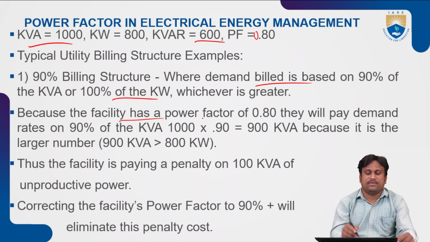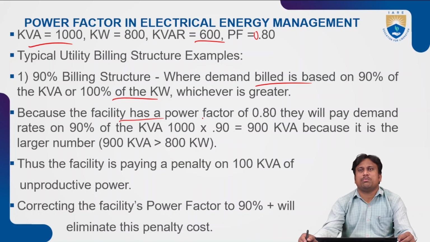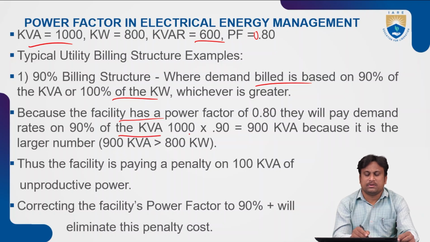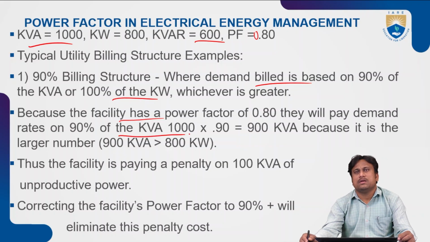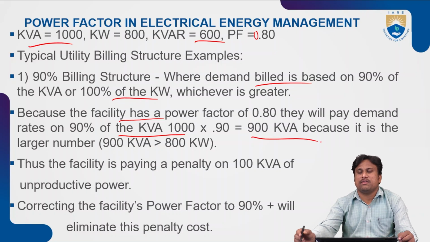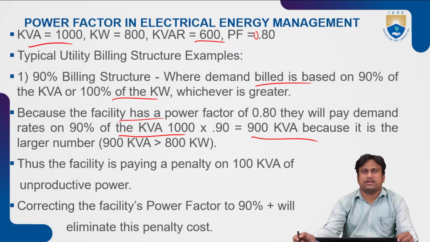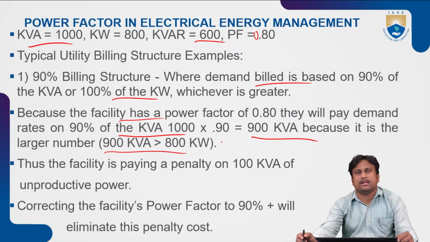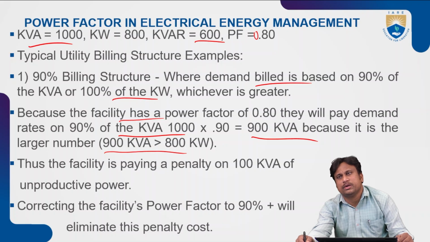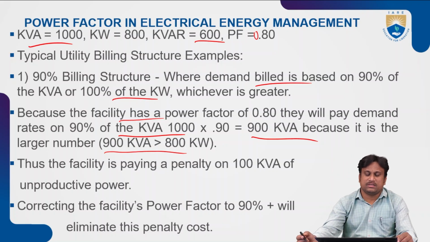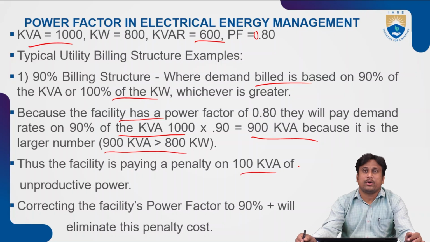Because the facility has a power factor of about 0.8, it has to pay demand rates on 90% of the kVA. That means 1000 times 0.9, which is about 900 kVA. Because this larger number, 900 kVA, is greater than 800 kilowatts, it is going to be treated as the billing demand. So the facility is paying a penalty on 100 kVA of unproductive power.